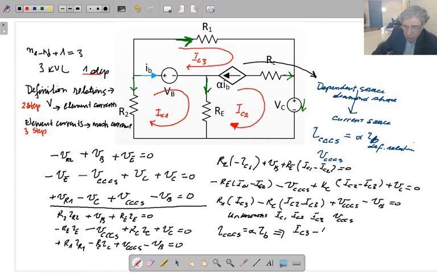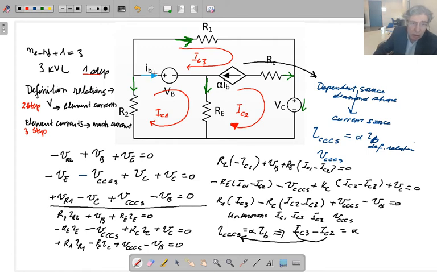IC3 minus IC2. We are saying that is this, and then this is equal to alpha times IB.